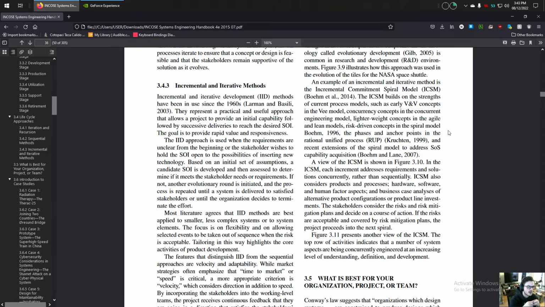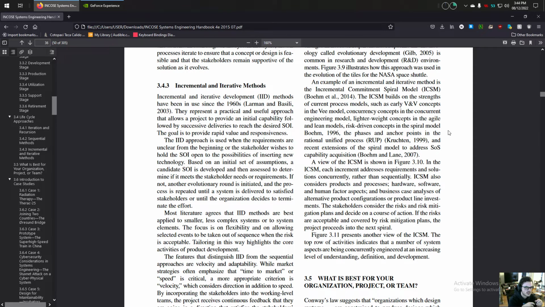A view of the ICSM is shown in Figure 3.10. In the ICSM, each increment addresses requirements and solutions concurrently rather than sequentially.